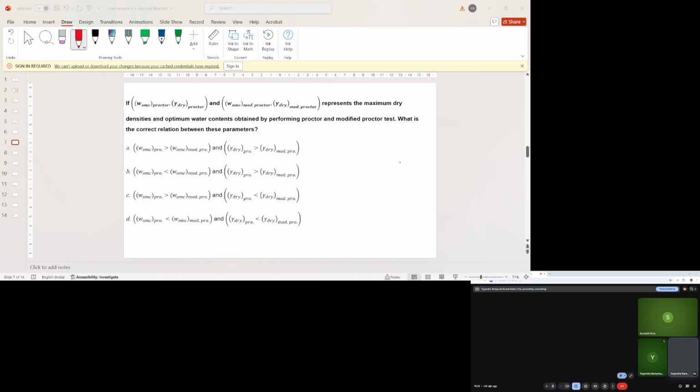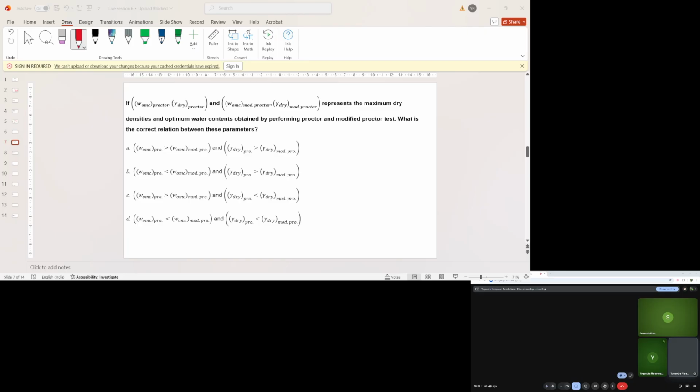The difference is the number of blows and the number of layers, right? 25 blows in standard, but modified will be 55 blows, or 25 blows for 5 layers. So the layers are increasing, right?